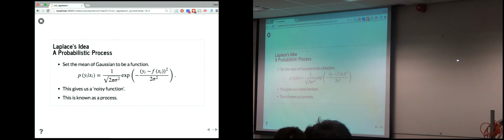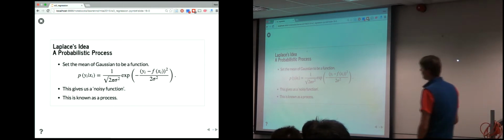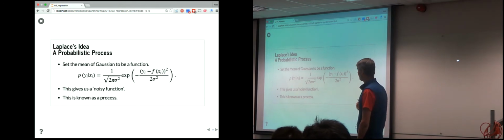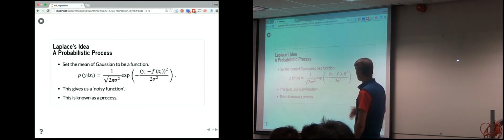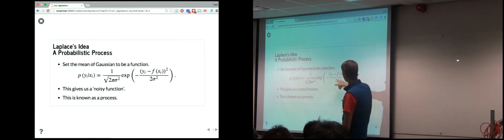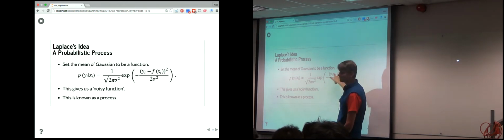So Laplace's idea is effectively to define what I think of as a probabilistic or a stochastic process. If you've done engineering, you'll know what a deterministic process is. It's some set of deterministic operations you apply. A stochastic process is one where the result is stochastic. It's stochastic because of this formula here, which says that the result we observe, y, is given by the prediction function, which here I've denoted f of x.